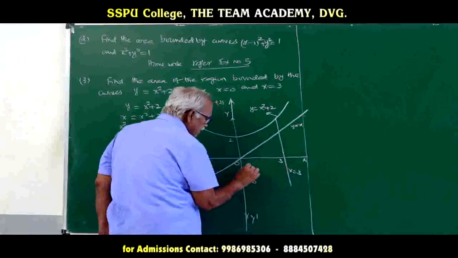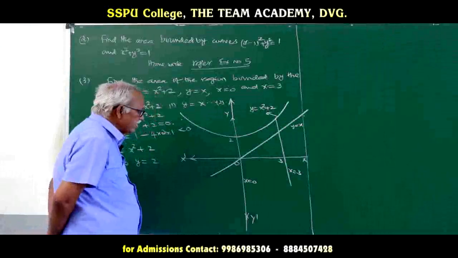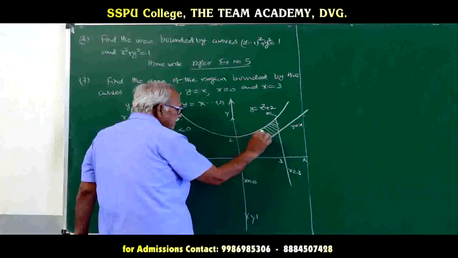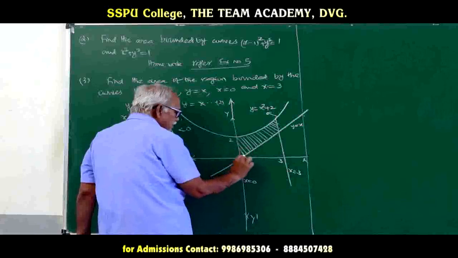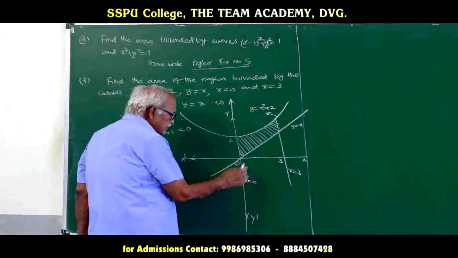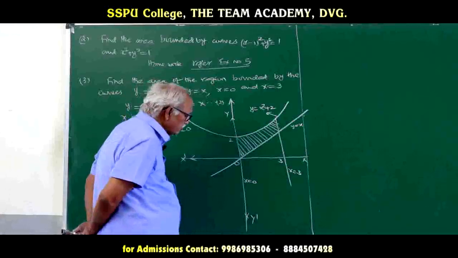So this is 3, 0. The area bounded by these two curves is like this. This is the area that we have to calculate. This is the x axis and this is the curve y is equal to x square plus 2.